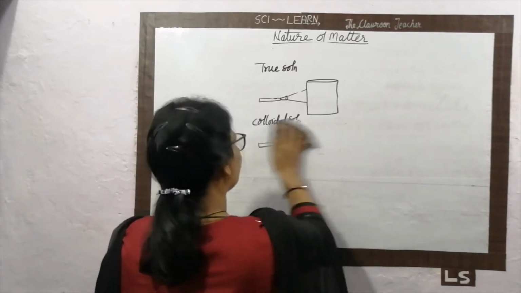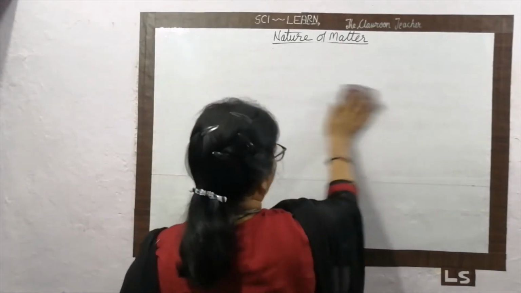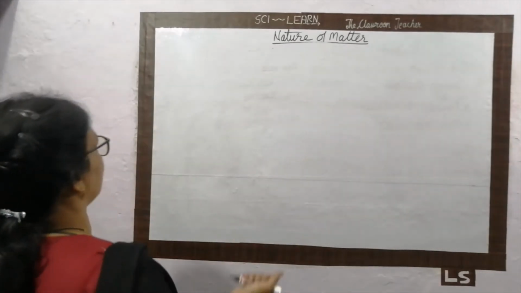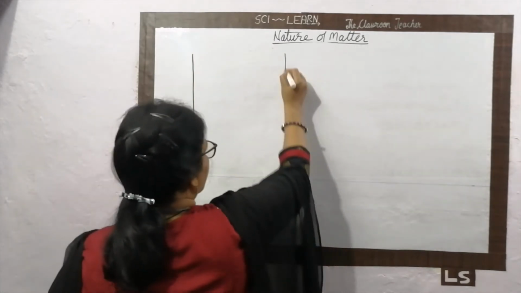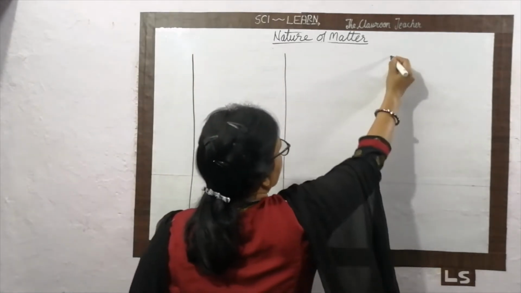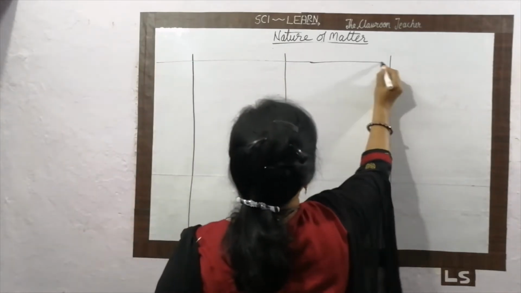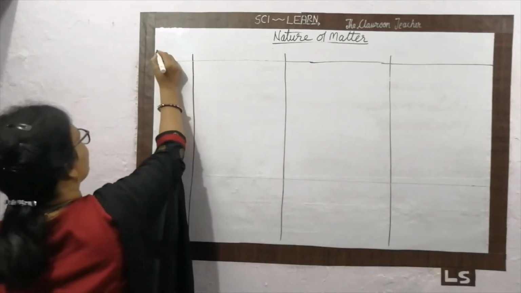Now we are going to discuss the solution, colloidal solution and suspension. For that you have to make 4 columns. I am going to draw the 4 columns here. First is called the properties.